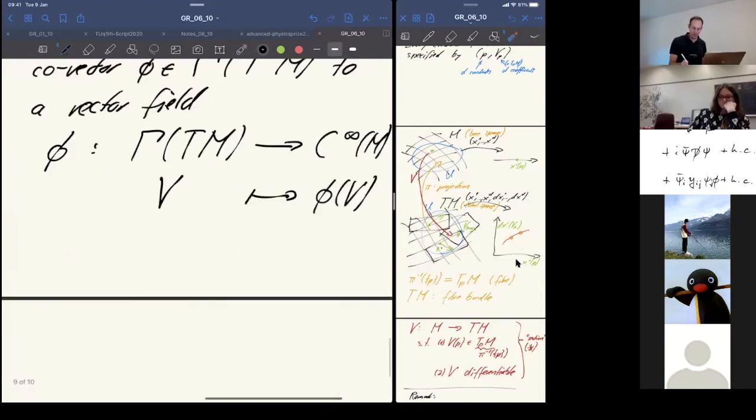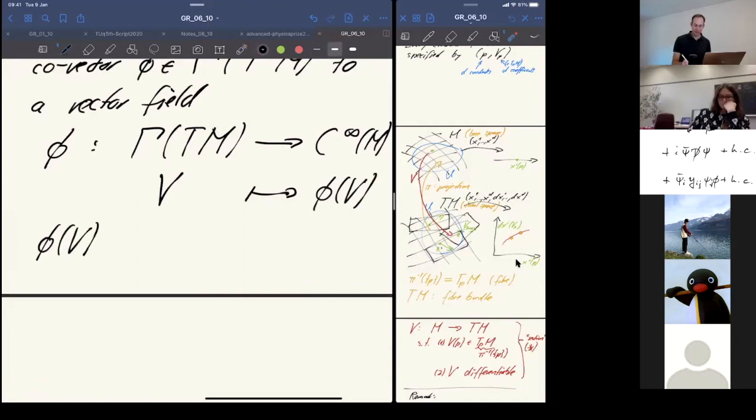Phi of v is just defined again pointwise. So if I apply this function at any point p, it should just be the same as if I applied the covector phi_p to the vector at the point p. So I just do it pointwise, and pointwise you already know that the covector eats vectors. That was the whole definition of a covector.